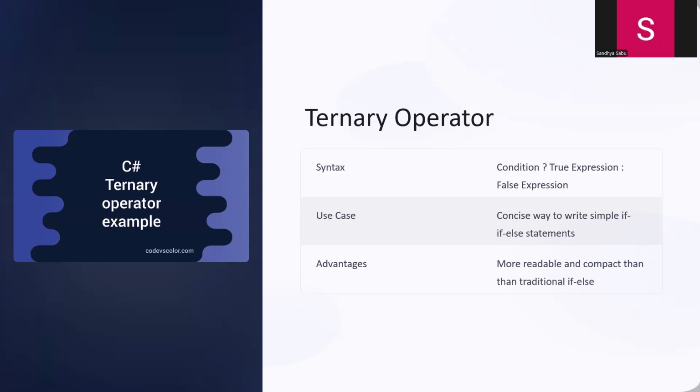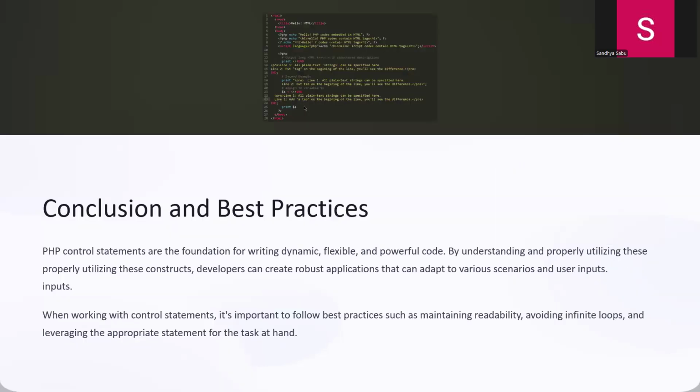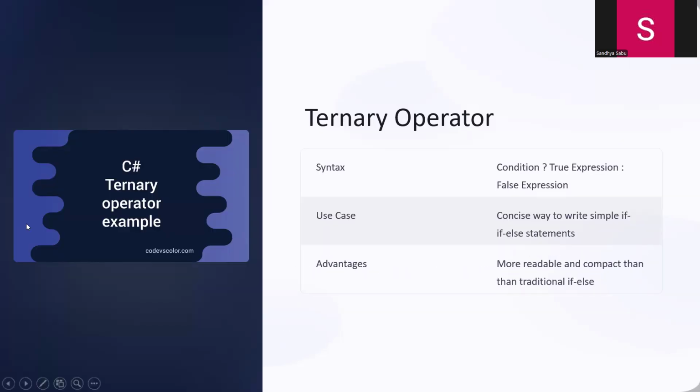Otherwise, plan B will be executed. The same process is done with the help of a ternary operator. For the ternary operator, we use the question mark symbol. We state the condition first, and after the question mark, if the condition is true, the true block statement should be mentioned. Otherwise, the false block statement should be mentioned.